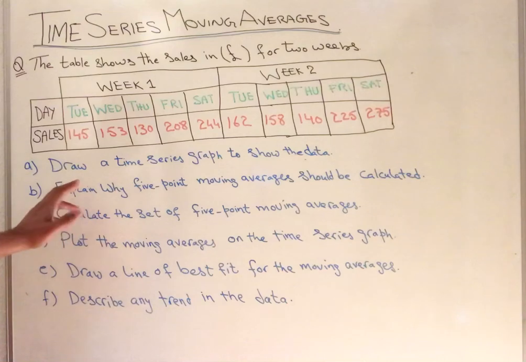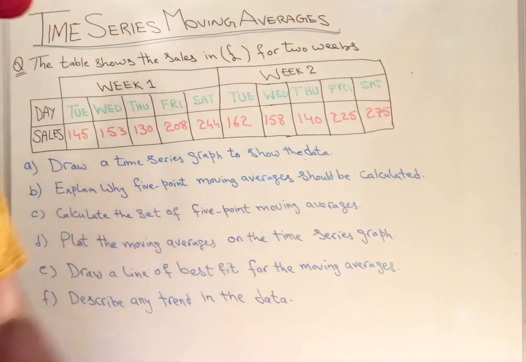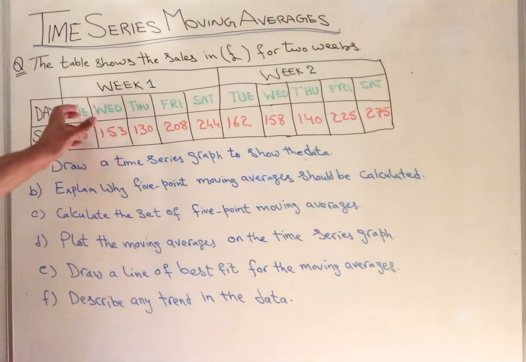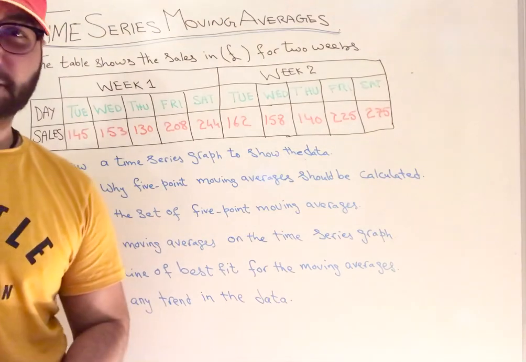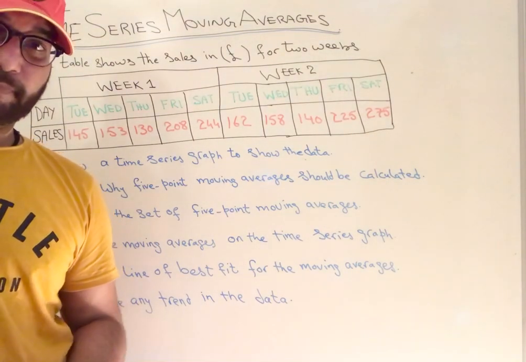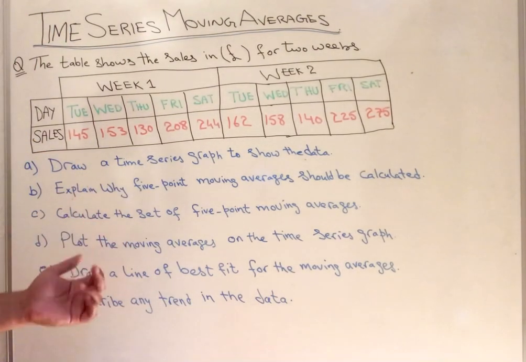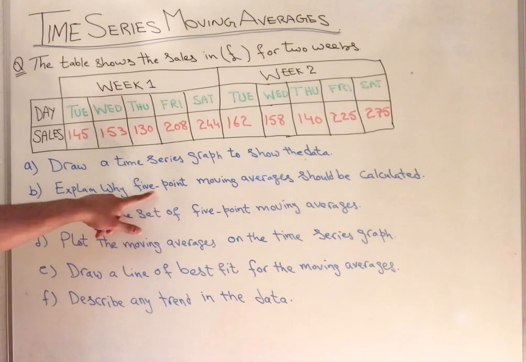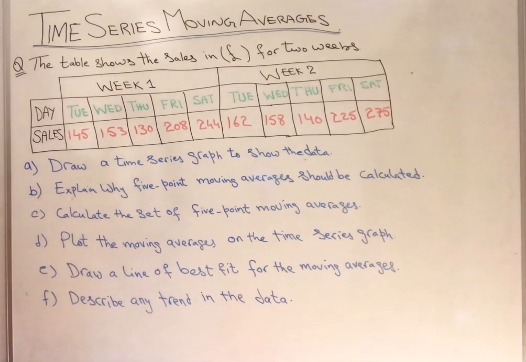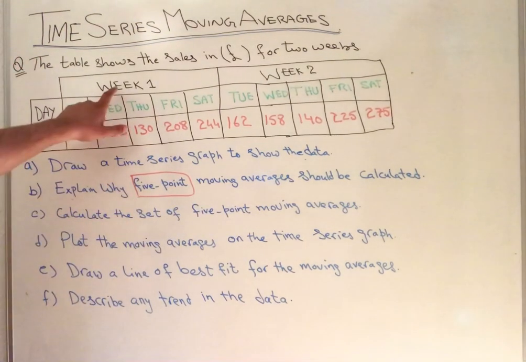Secondly, we have to explain why 5-point moving averages should be calculated. Previously they mentioned 3-point, 4-point or 2-point moving averages. Why do we select 5-point here? According to the data, we have 2 weeks.